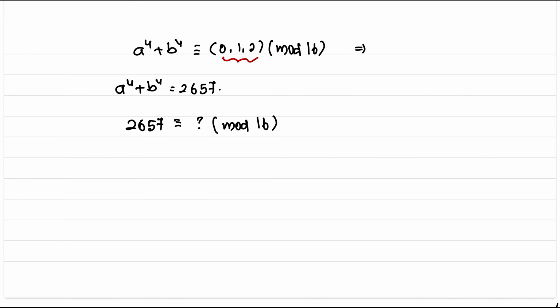When you divide 2657 by 16, what will be the remainder? Let us see. 2657 divided by 16 is equal to how much? Just see.